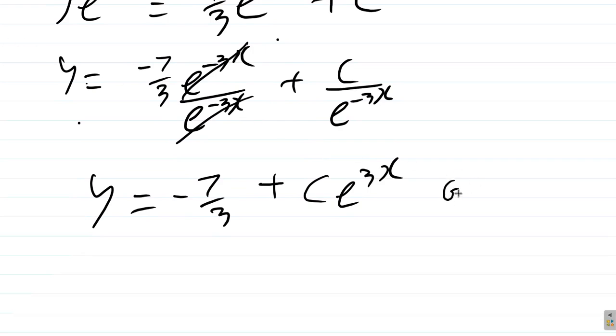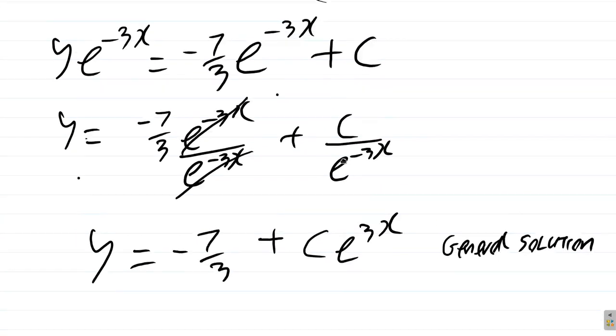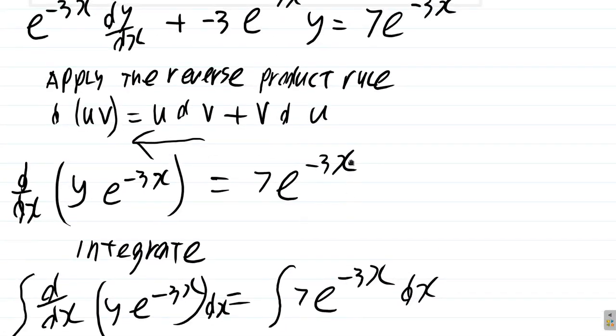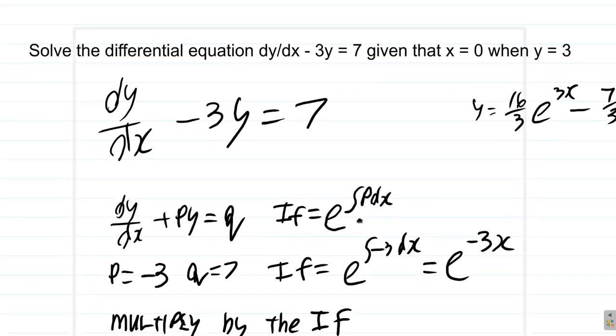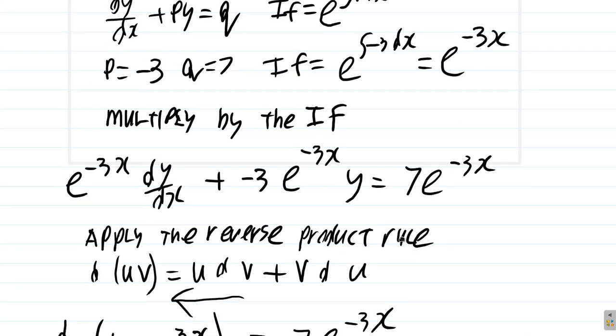Now the thing is, that's the general solution. If you were not given an initial condition, you would just stop there with the general solution. But what you're told is that x equals 0 when y is 3.